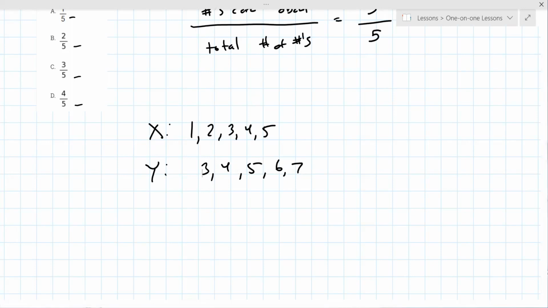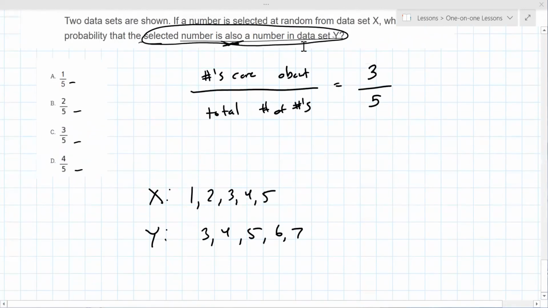Let's look at the question the same way. How many are in both sets? 5, so the bottom number, the denominator, is 5. And then 3, 4, and 5. See how these overlap? Yeah. So if you pick a number in X, there's 3 that are in both, out of how many numbers are in Y, which is 5.